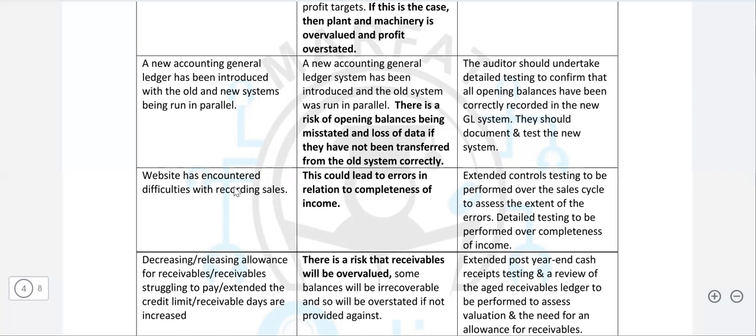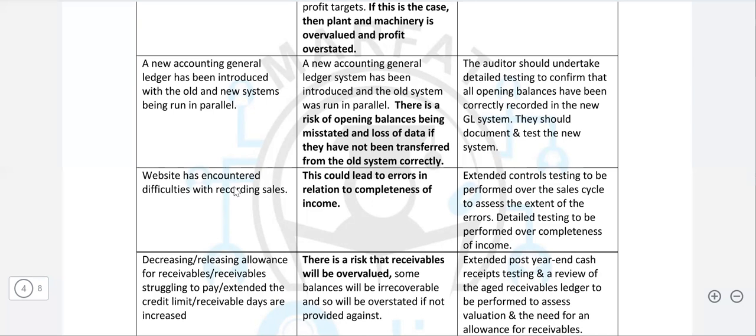So there is a risk that the opening balance is being misstated and data may be lost if they are not transferred correctly. Because they need to close the balances from the old system, they need to transfer them correctly to the new system. So there's a risk that the transfer may not be done correctly, and if that is not done correctly, then the balance may be misstated.